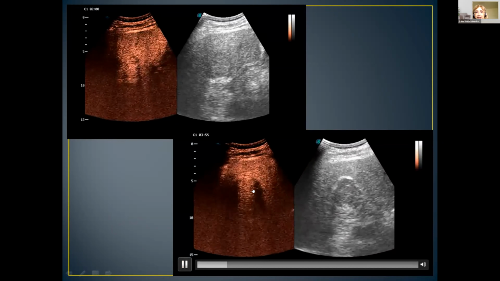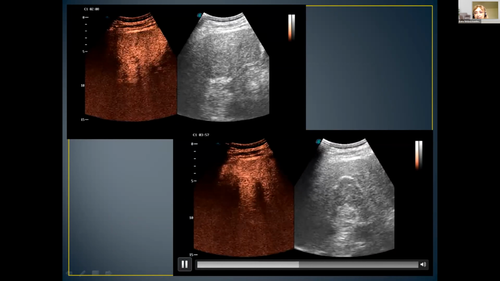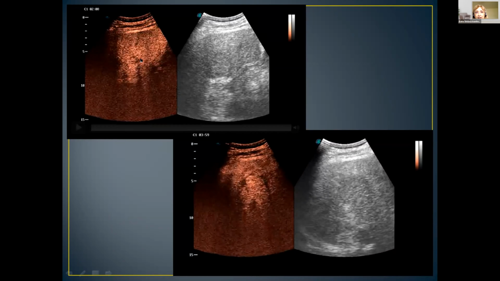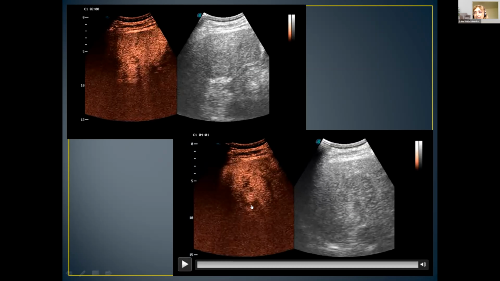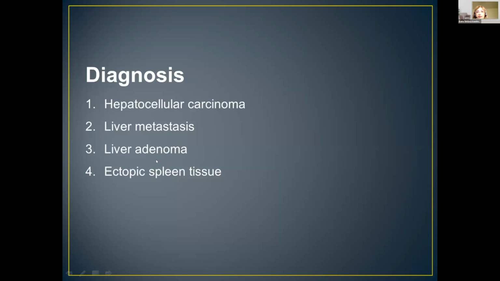And at 4 minutes after injection, as you can see, a non-enhancing capsule can be seen around the lesion. What is your diagnosis? Again, in this case, some answers in the chat. Yes, one answer, again liver metastasis. And before, one was the idea of ectopic spleen.